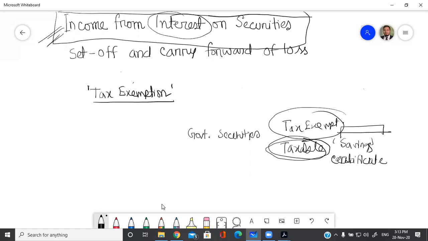In case of taxable securities, only the loan interest and the collection charge are allowable to deduct. And also the collection charge for interest income on tax exempt securities will not be an allowable expense. Okay. And there are some securities, what we have mentioned previously in our discussion, that it can be like commercial securities.